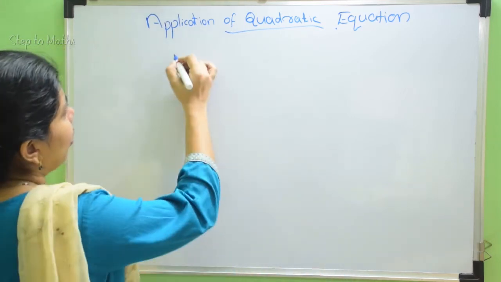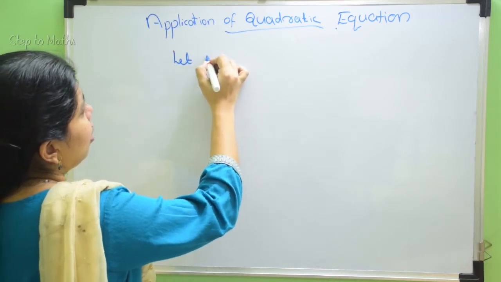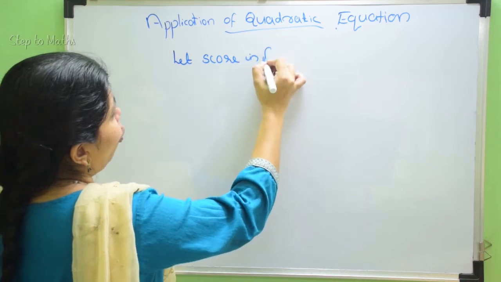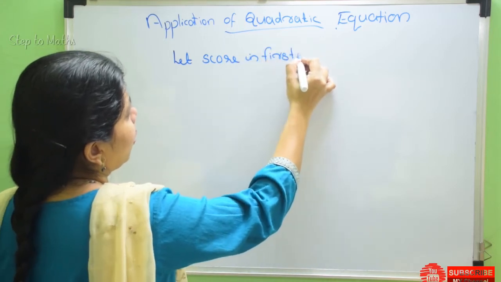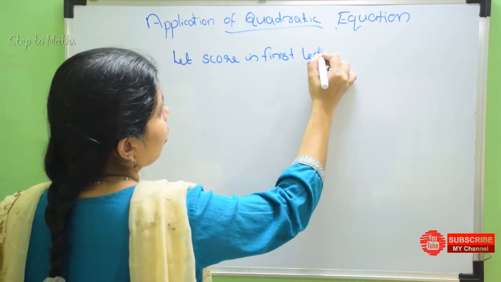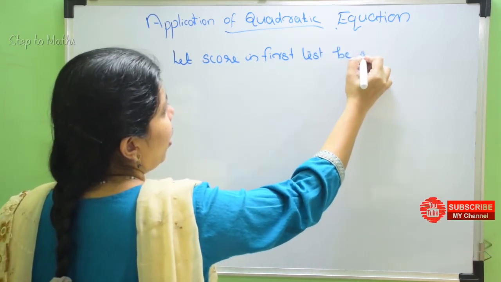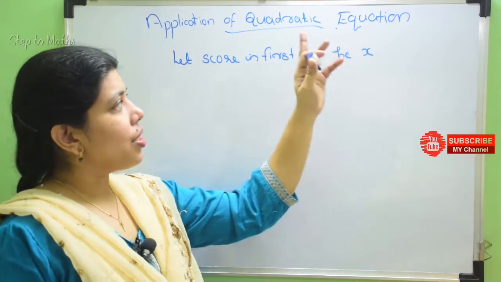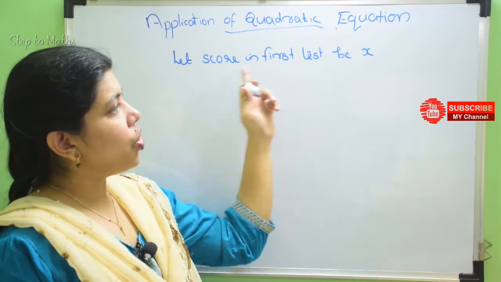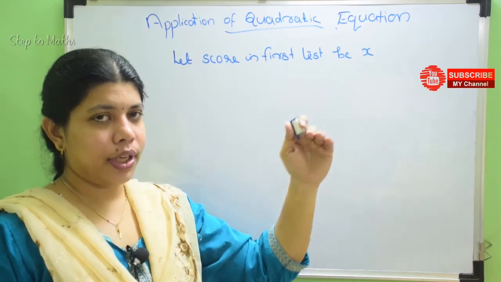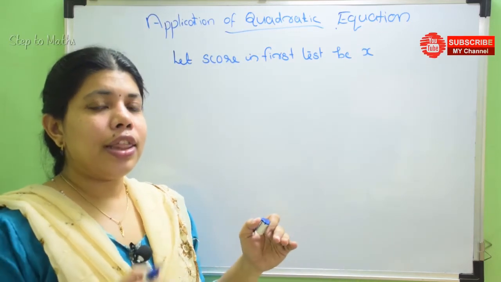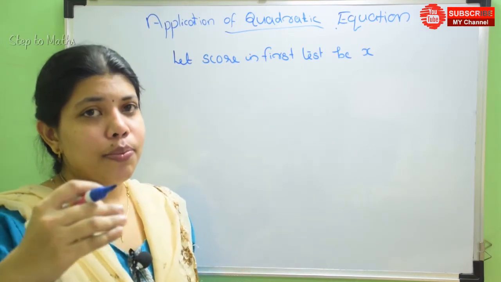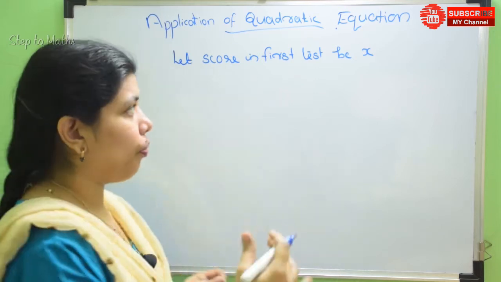So let Suyush's score in the first test be X. We take the mark in the first test as X. In the first condition, he scored 10 marks more in the second test.